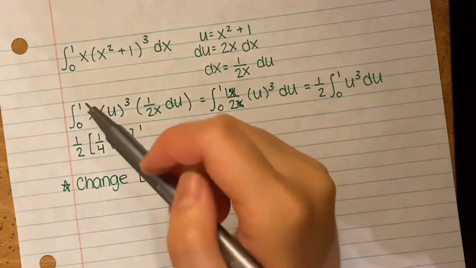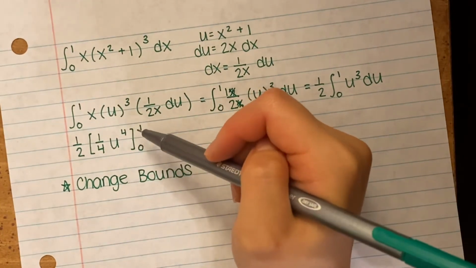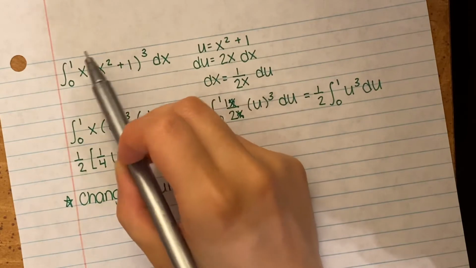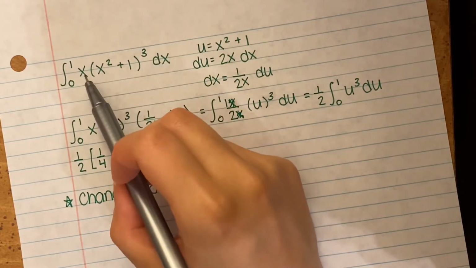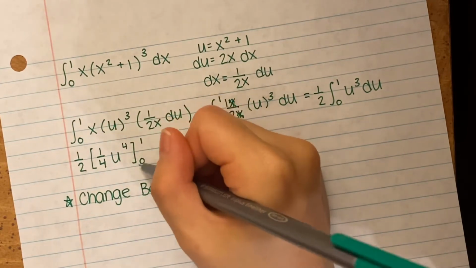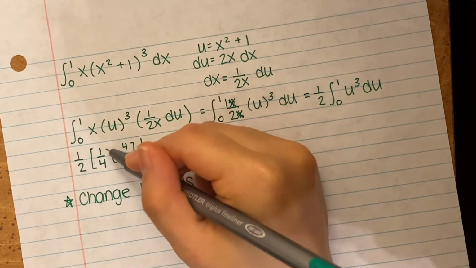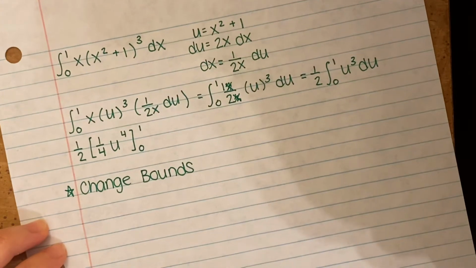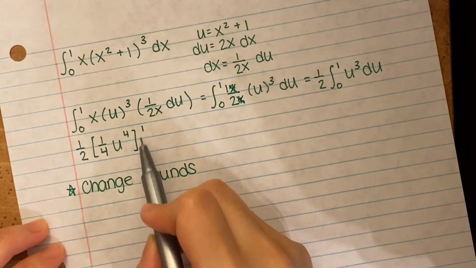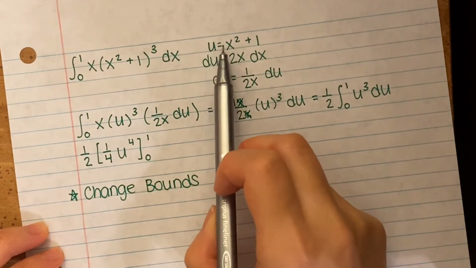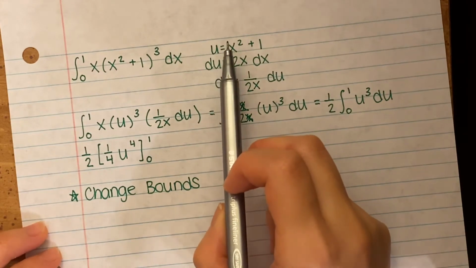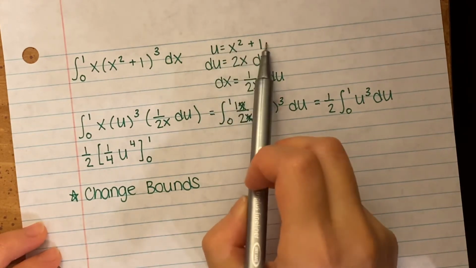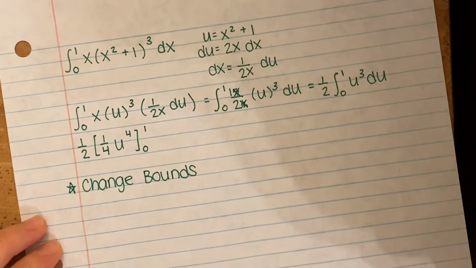Notice how my bounds are 0 to 1. These bounds actually go with the integral written in terms of x. So we want to rewrite our bounds so that they match with our u. So in order to do that, we're going to plug in 0 and 1 into our equation up here, u is equal to x squared plus 1.